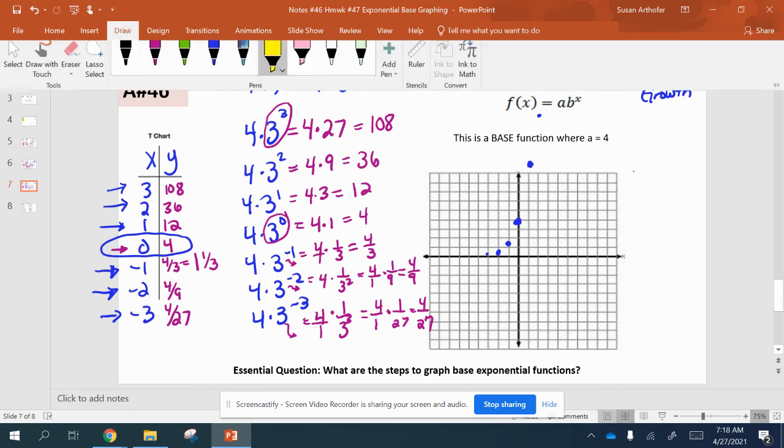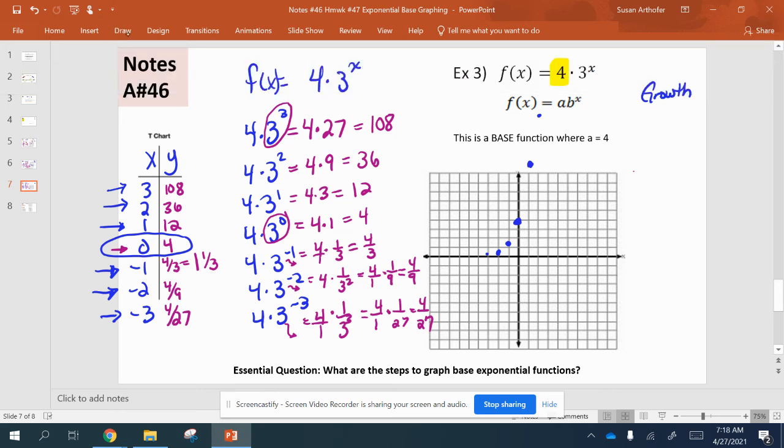It stretched our graph. It increased the y amount by 4 because it's 4 times the function, right? So it stretched the graph up. It still swoops down and is a growth. So it's still a growth, but it stretched it up.